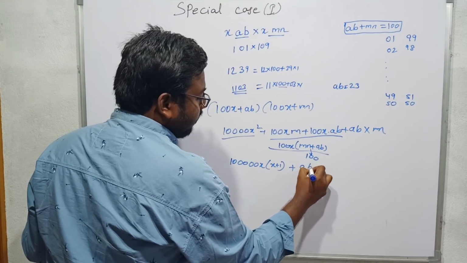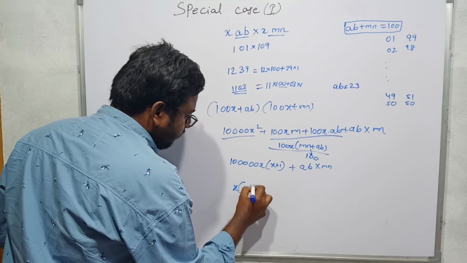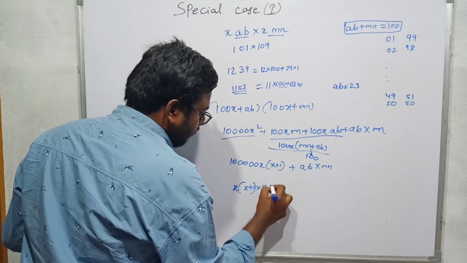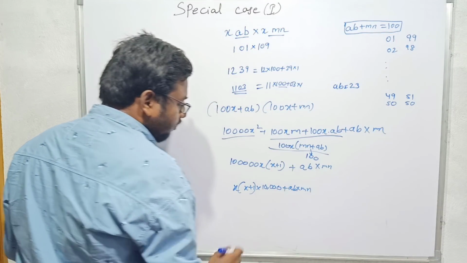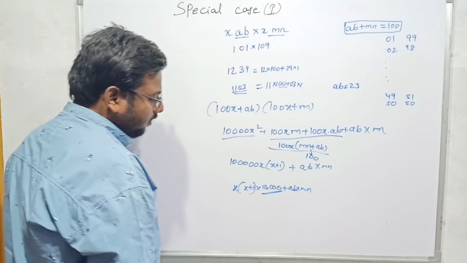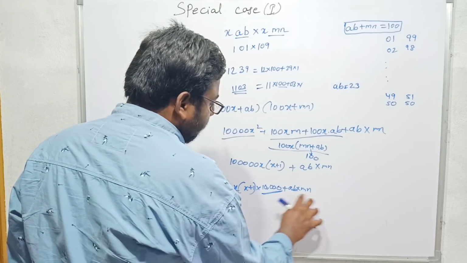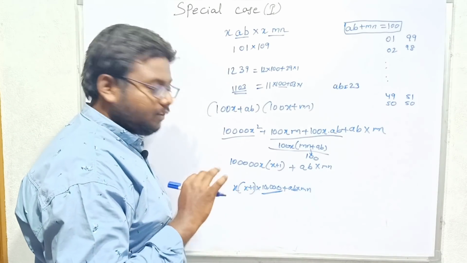Then what remains is AB into MN. If I write like this, x into x plus 1 into 10,000 plus AB into MN. So here 10,000 is there. After that, how many digits are minimum required? 4 digits are minimum required, so it should be strictly 4 digits.